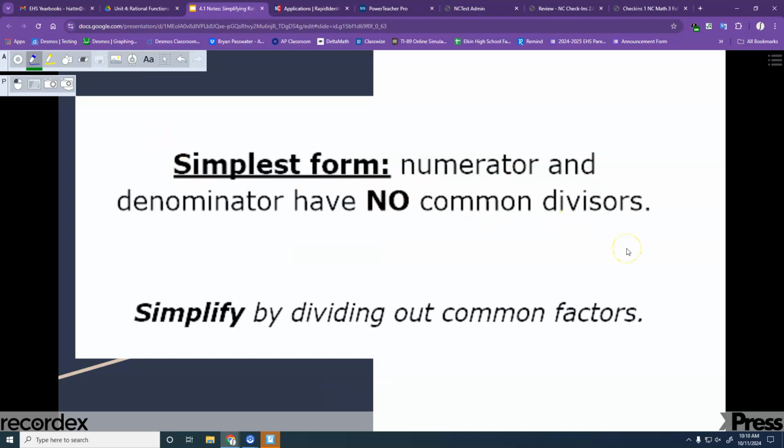Simplest form is what we're going to be focusing on today. And this you already know a lot about when you're talking about regular fractions. For example, my cousin, several years ago, was saving up money for wheels and tires for his truck. He told my dad that he was 2/8 of the way there.